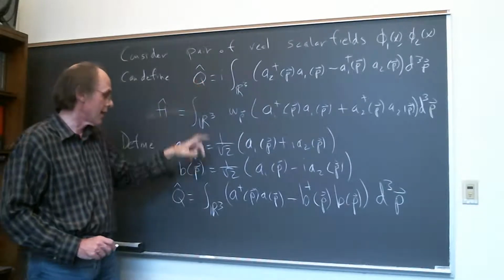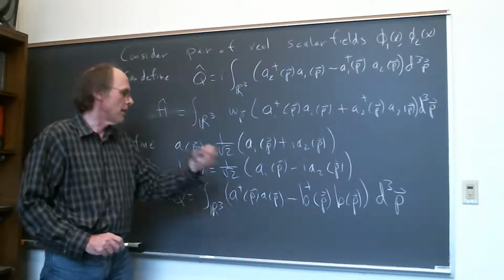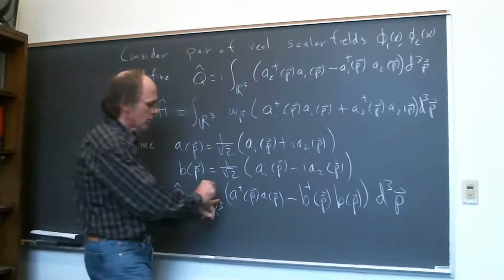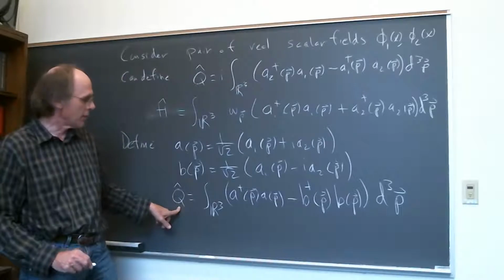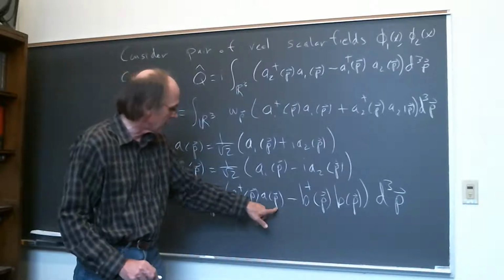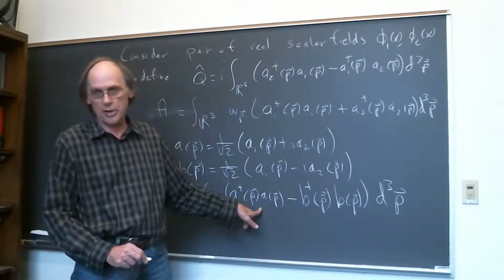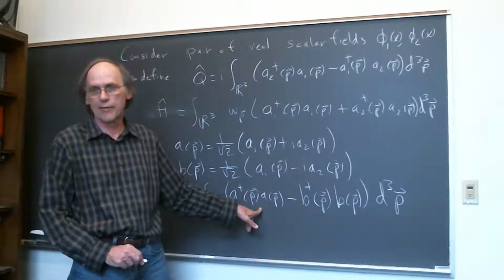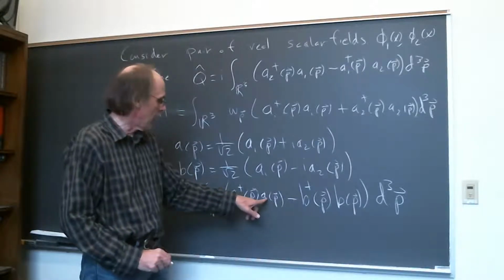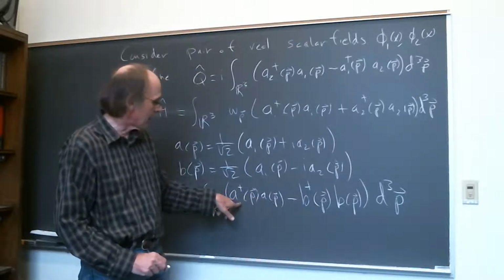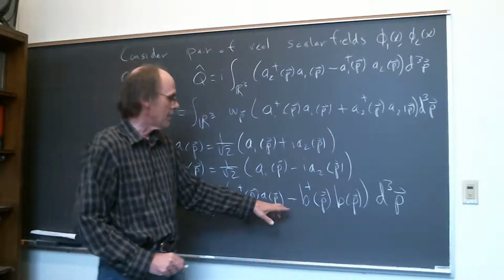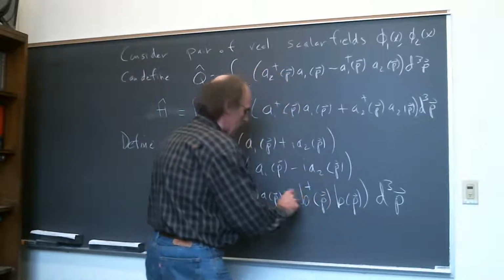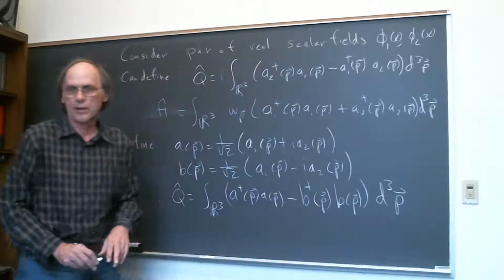So what this is saying is that the charge operator, for each value of p, is the number operator. It counts the number of A-type quanta you have at a given time, and then it subtracts the number of B quanta that you have.